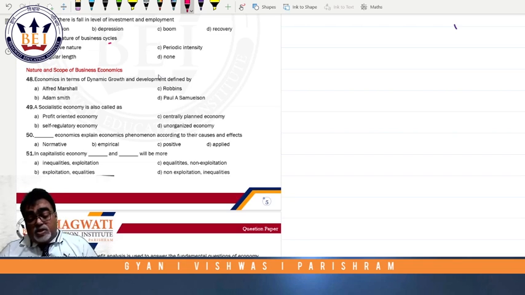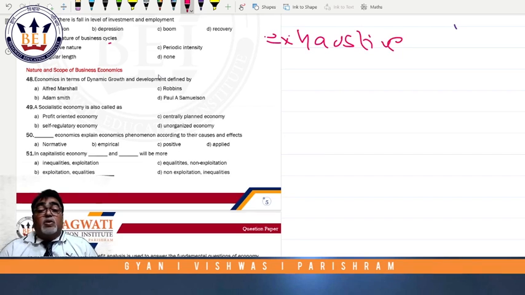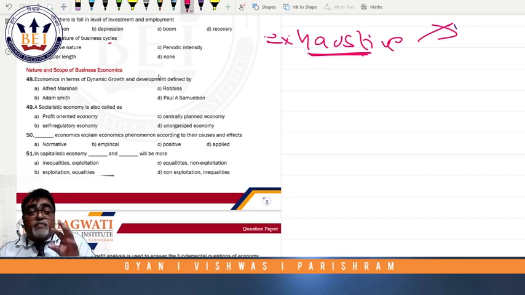The most important feature of the business cycle. They have given pervasive nature. Pervasive means exhaustive. Exhaustive means when the business cycle trend changes here, it has an effect on the international market also.